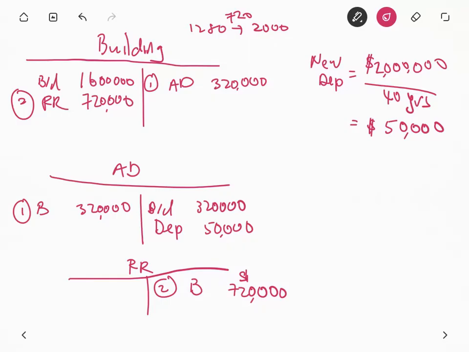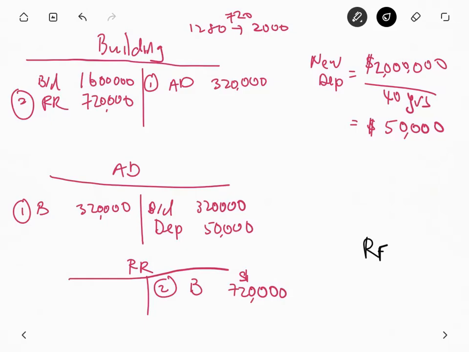Debit depreciation, credit accumulated. By right, you have to do what? Transfer to RE, right? How much? $720 divided by 40. 18,000.